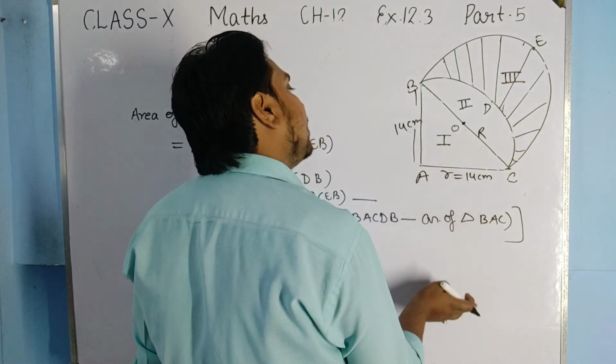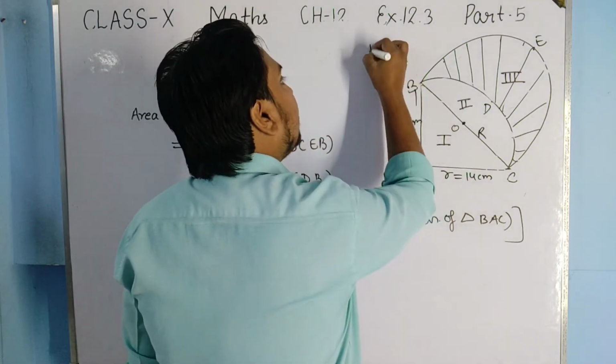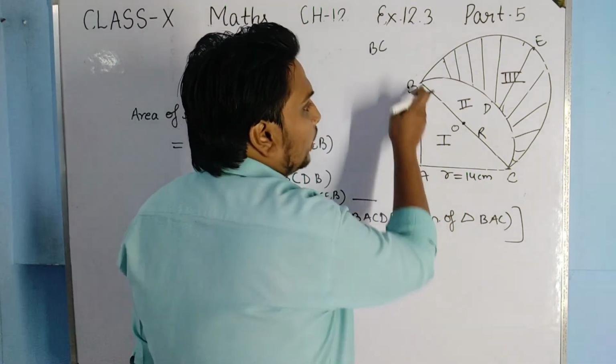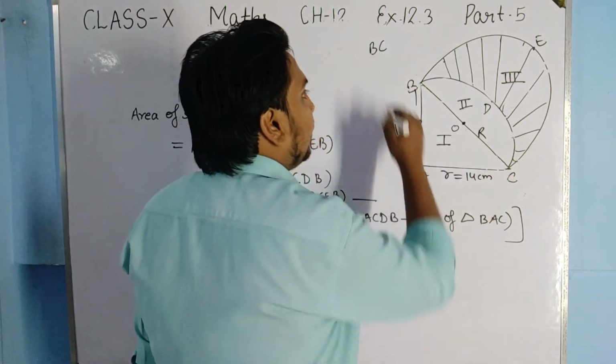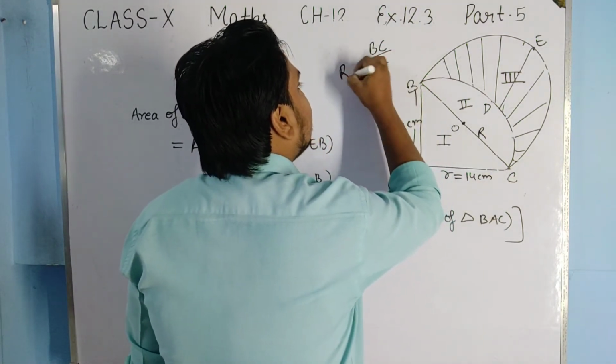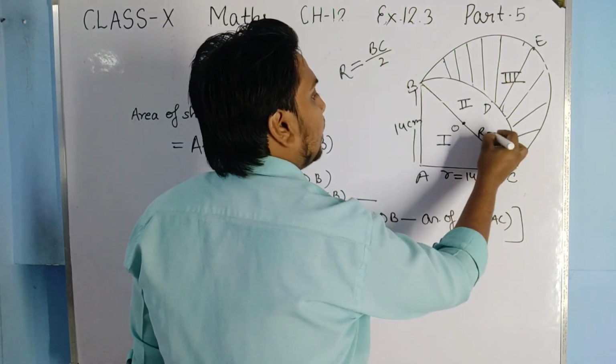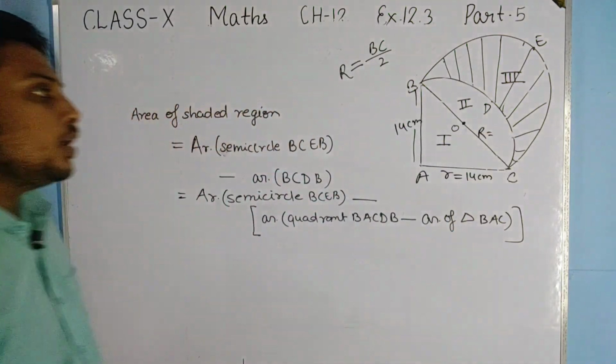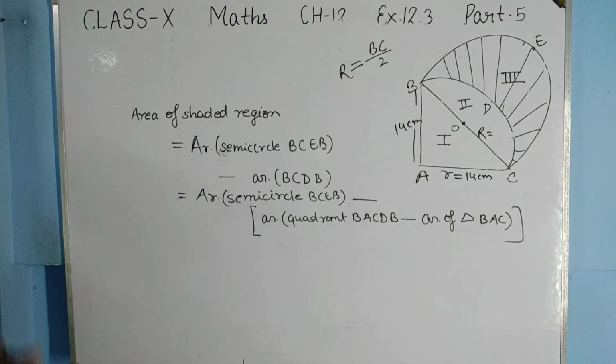If you apply the Pythagoras theorem, you will get side BC, and by dividing BC by 2 you will get the radius of the semicircle, the greater radius.